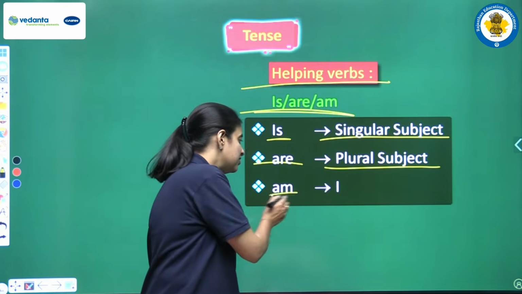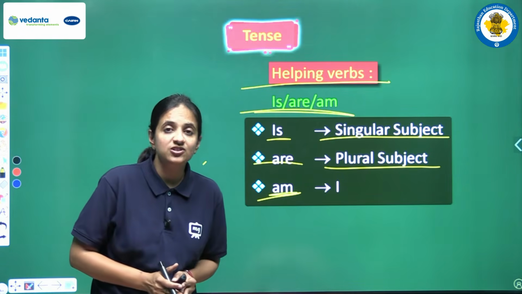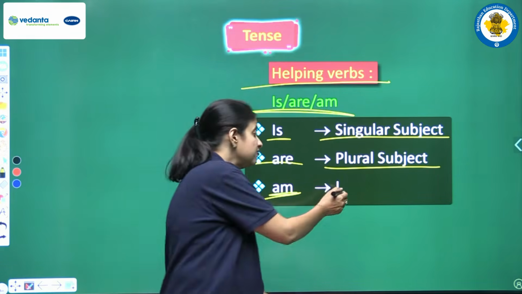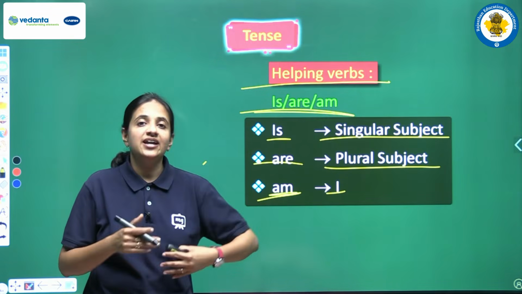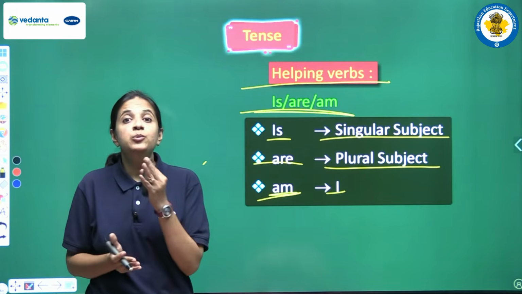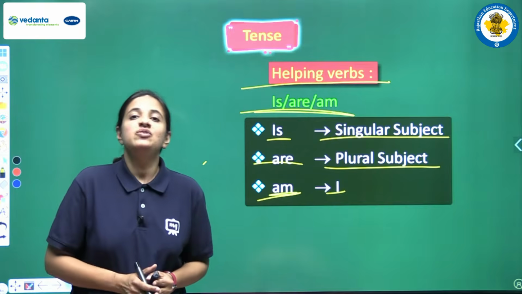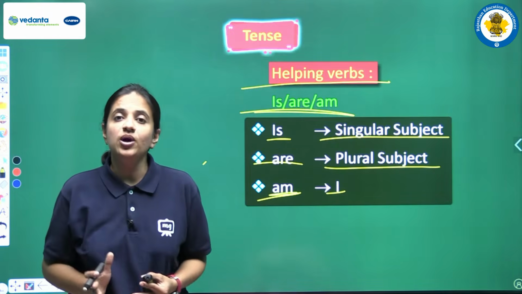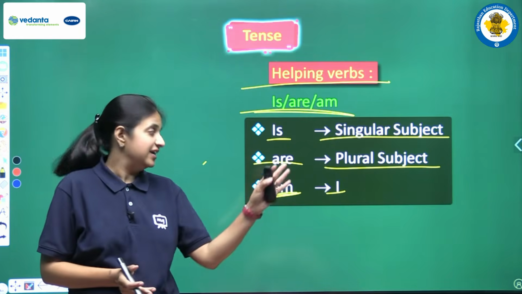And then we have one more helping verb here, that is am. Am is used exclusively only for I, right? Yes, we have discussed that I is considered a plural subject, but in present continuous tense we have a separate helping verb, one exclusive helping verb for I, that is am, okay?